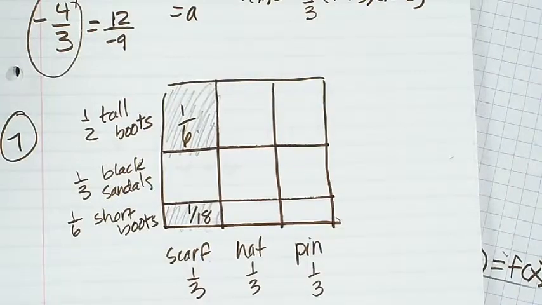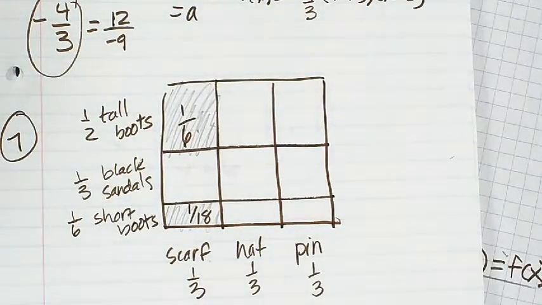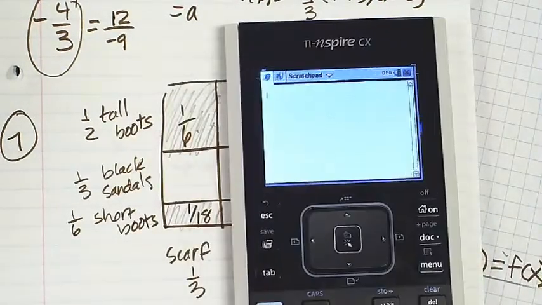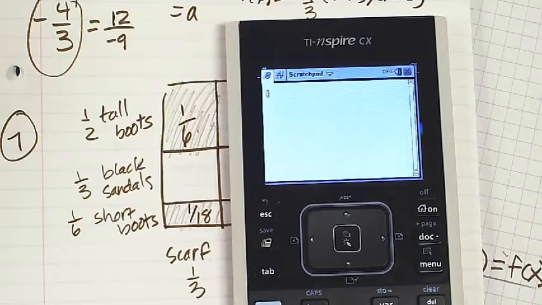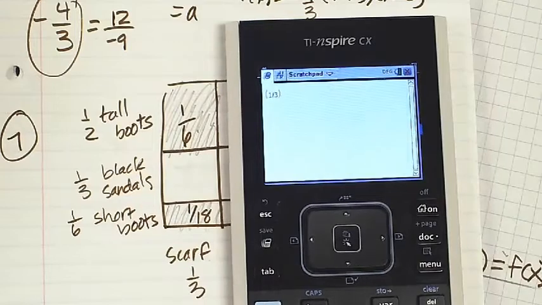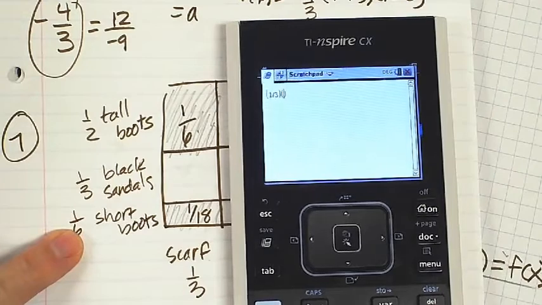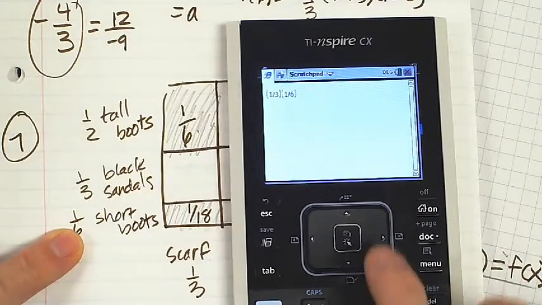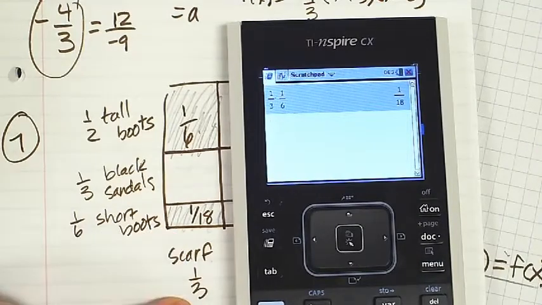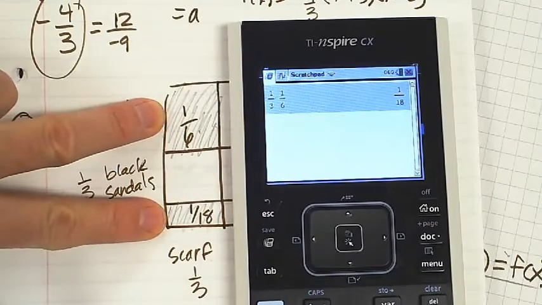And if you don't know how to do that, you could just type in open parentheses 1/3 times 1/6, 1 divided by 6. There's 1/18. Do the same thing for scarf and tall boots, and then I'm just going to add those together.